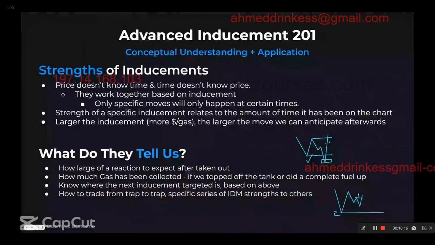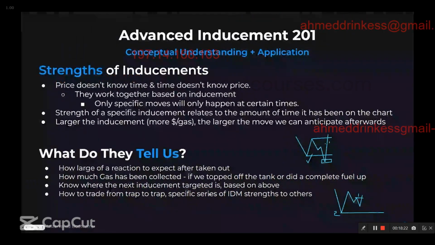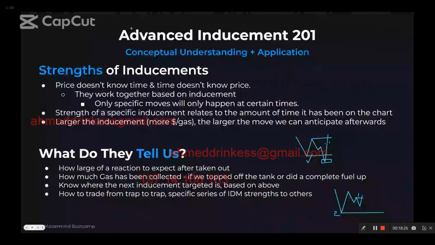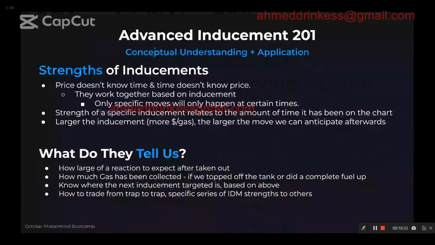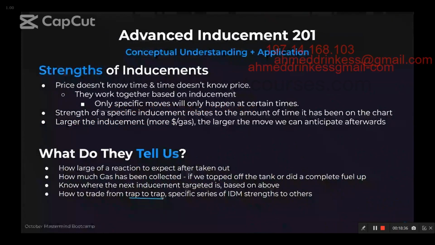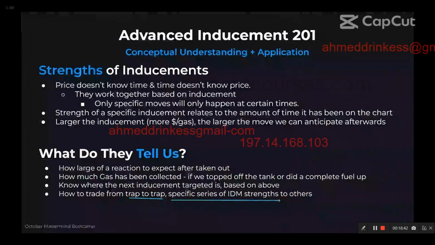So wherever the strength of your inducement occurs, that tells you where price needs to go. You guys will be learning how to trade from trap to trap, aka structural break to structural break, based on a specific series of inducement strengths to other inducement strengths.